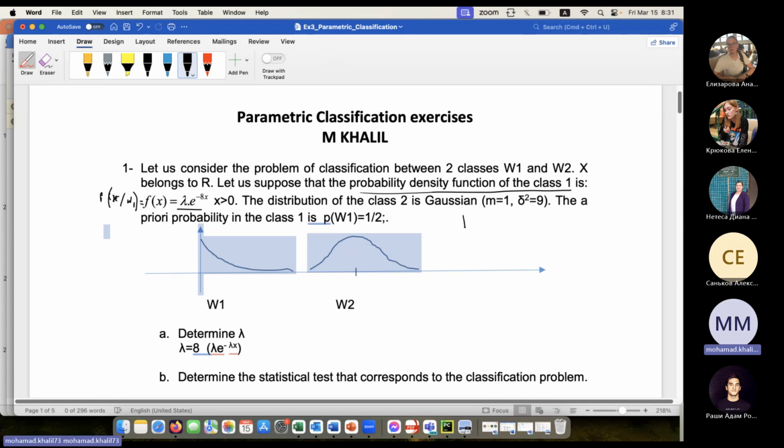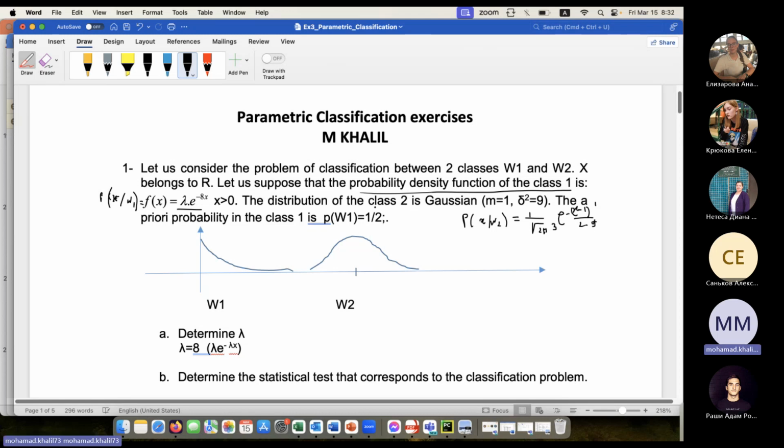It is Gaussian, that means P(x|omega 2) equals 1 over radical 2 pi sigma, exponential minus (x minus m) squared, the mean is 1, so minus (x minus 1) squared over 2 times 9. You know the equation of Gaussian?